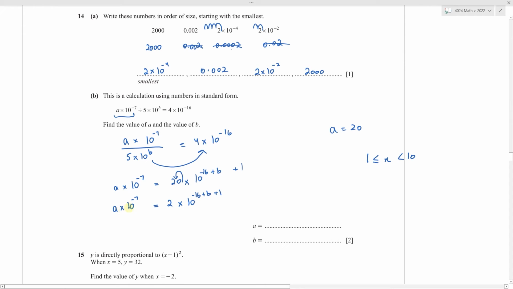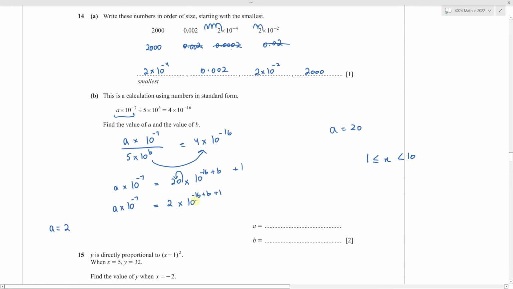Now I can compare them because this value is in standard form now. So your value of A, because you have 10 power here, 10 power here, you can directly compare these two values. So your value of A is 2.